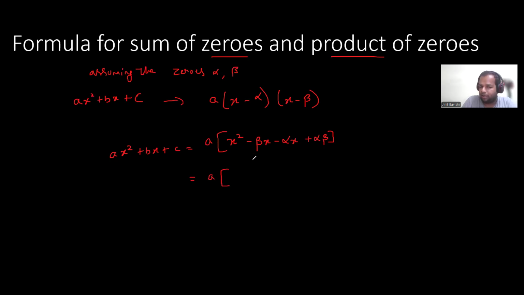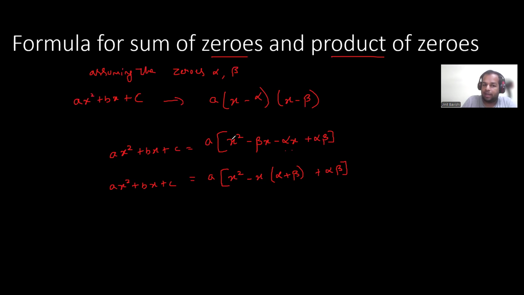Rearranging the terms on the right hand side, I get x square minus x common outside, because both the terms have minus x common. So in the brackets, I'll get alpha plus beta, plus alpha beta. This is where I can derive my formula.